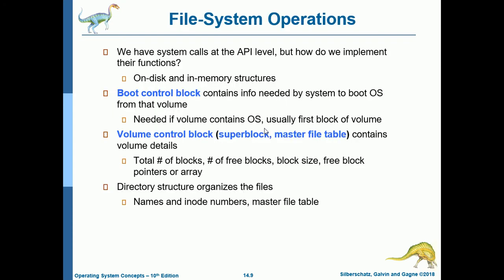And then next we have file system operations. We have system calls at the API level, but how do we implement their functions? The answer to that is on-disk and in-memory structures. We have the boot control block, which contains information needed by the system to boot the OS from that volume.